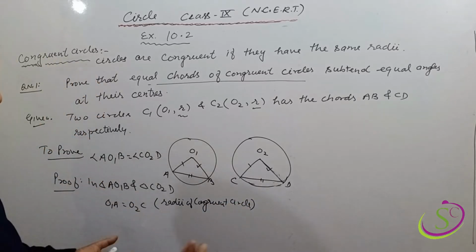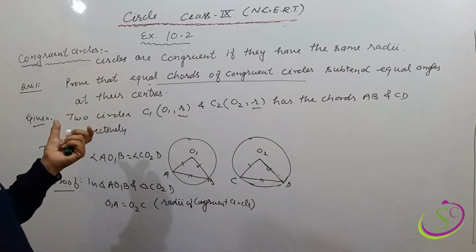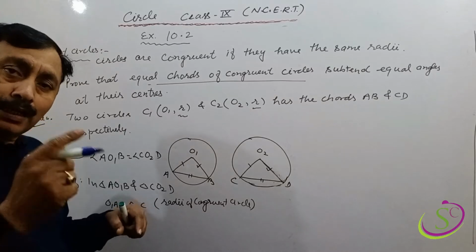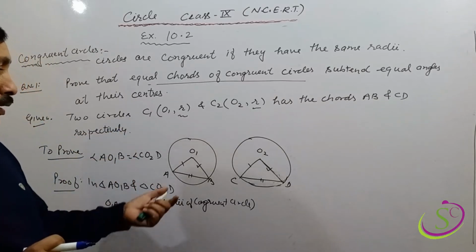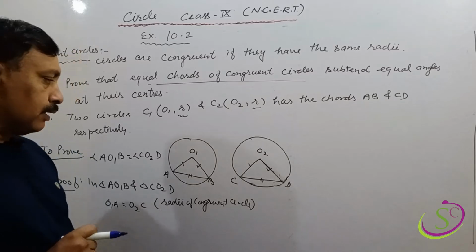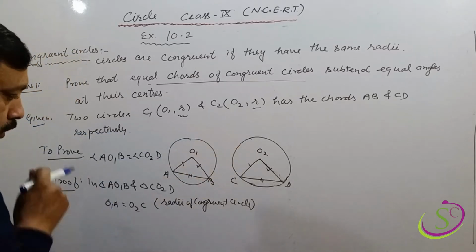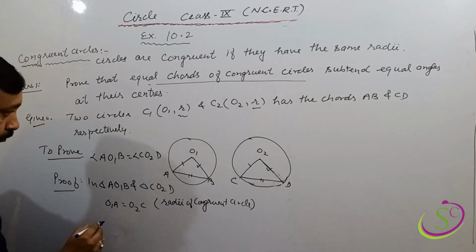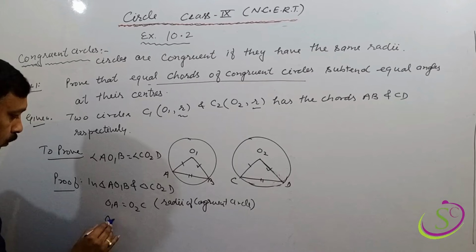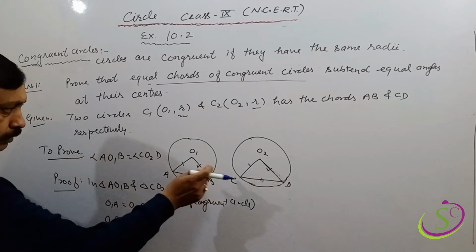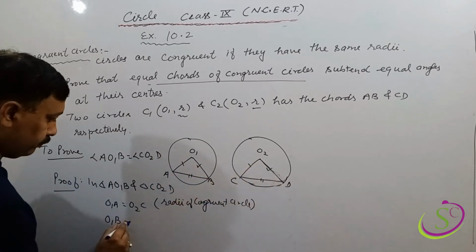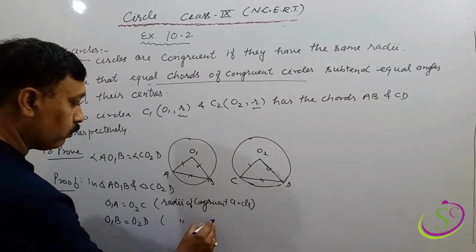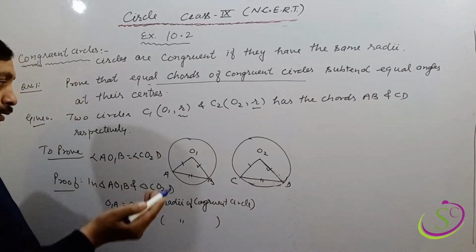Clear? By definition, congruent circles are those circles having equal radii. So here these two circles are congruent circles. So O1A and O2C will be the same because both are radii of congruent circles. Clear? And similarly O1B equal to O2D. Logic same because both are radii of congruent circles.